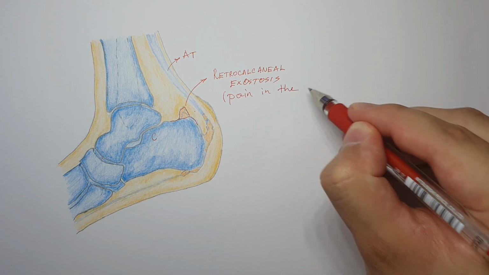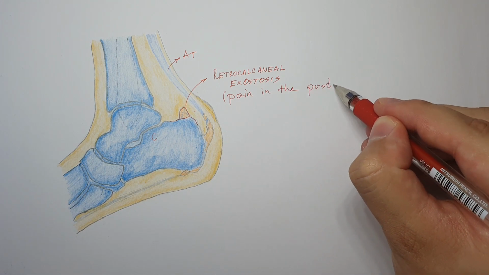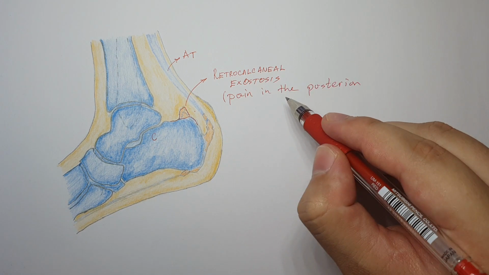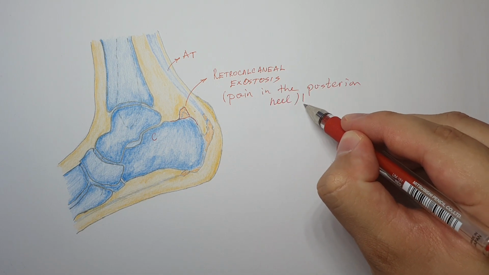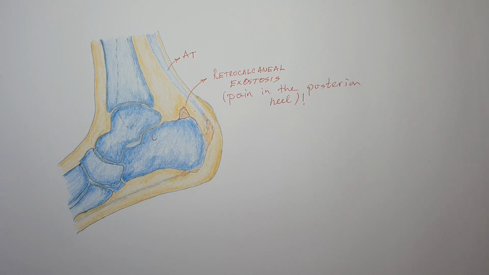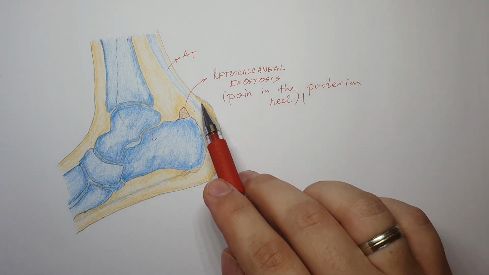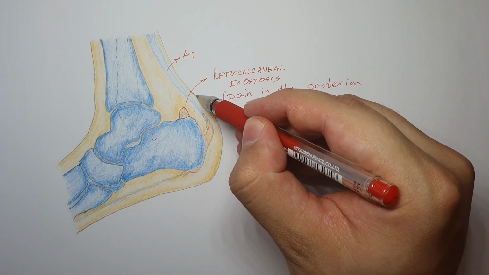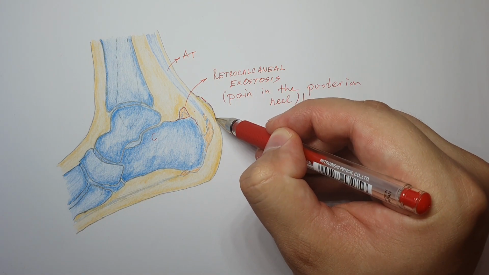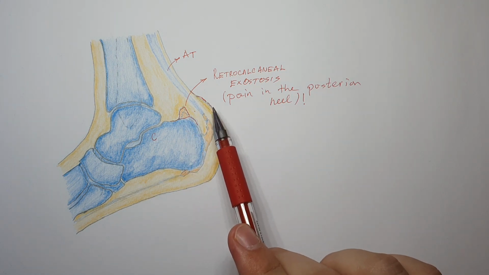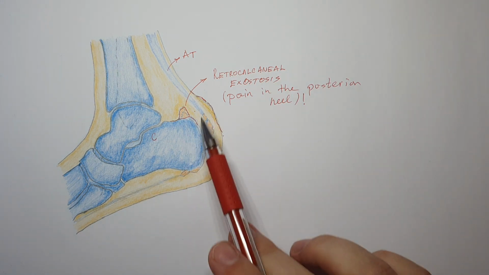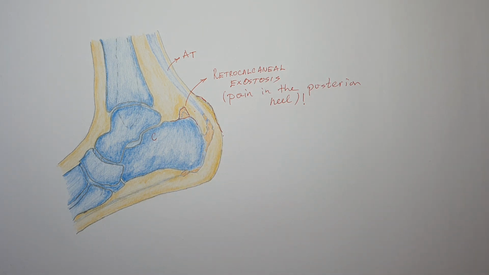Also, some thickening of the skin and a bump in this anatomical region will be present if the disease is developing over some time.